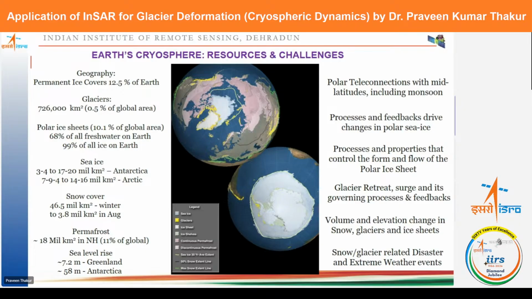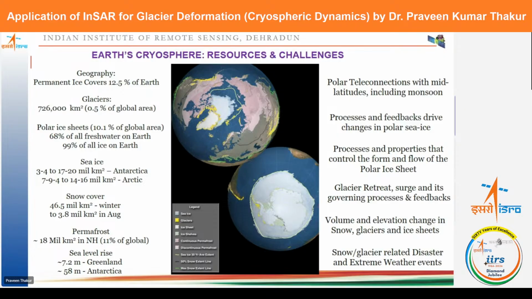The sea ice and the snow cover are seasonal in nature, depending upon which hemisphere, northern or southern. The sea ice can vary from 3 to 4 at minimum, up to 70 to 40 for Antarctica. Similarly, there is a variation in the Arctic, and the snow cover varies from 3.8 to 46.5 million square kilometers from summer to winter.